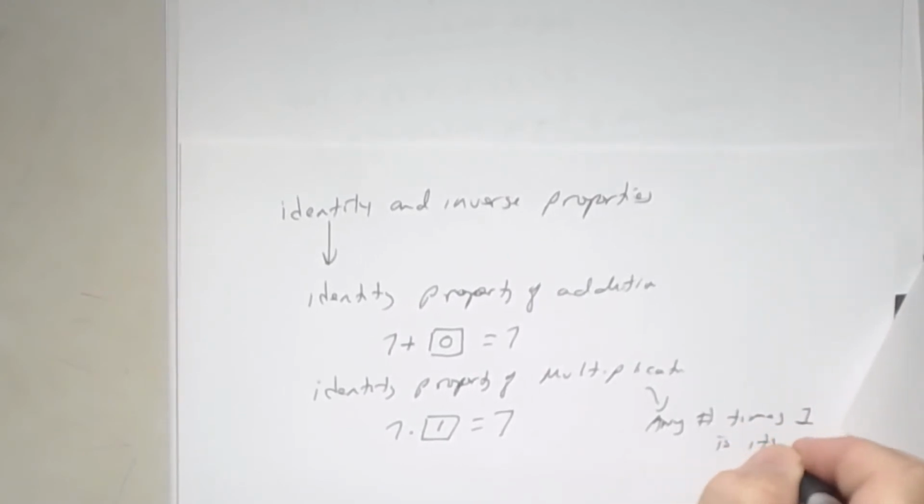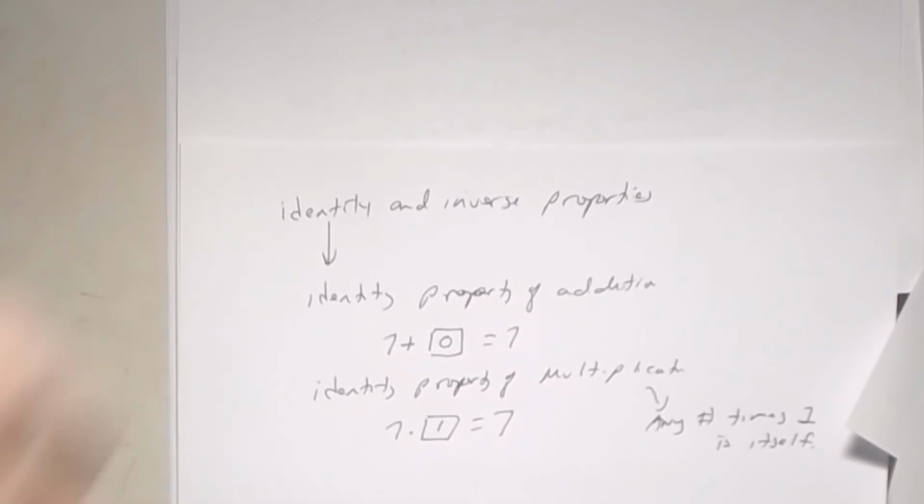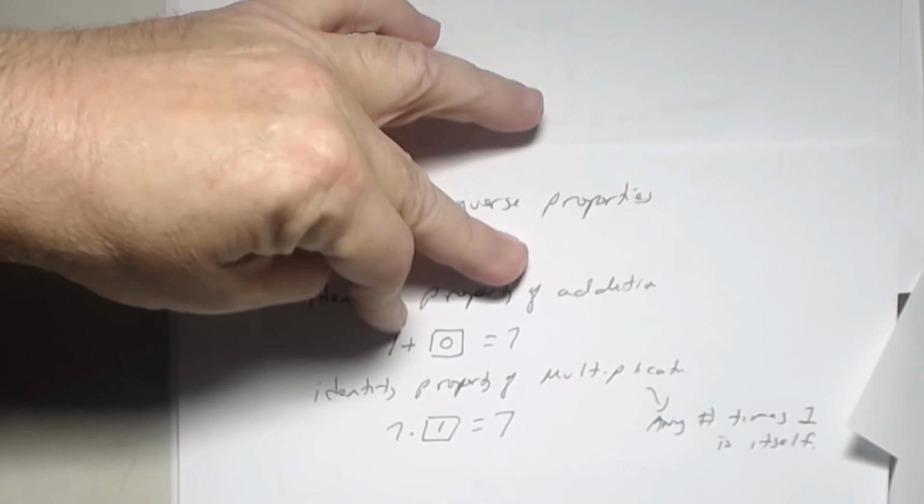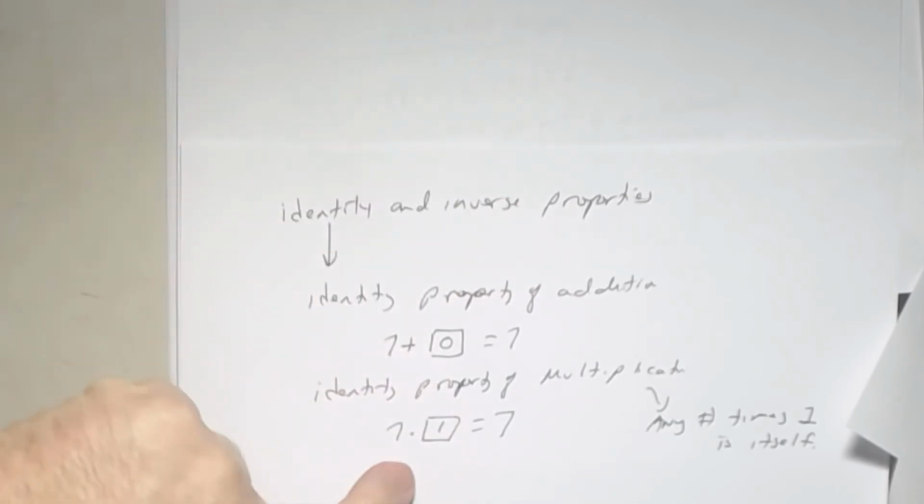So 0 is the only number you can add to a number and get itself back. 1 is the only number you can multiply a number by and get that number back.